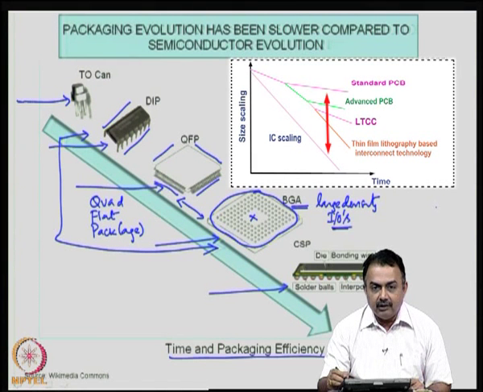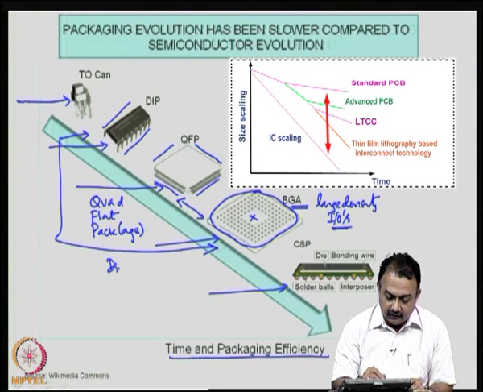The difference between BGA and CSP is basically in the package area. So, if you take 2 terms called the die area and then package area.